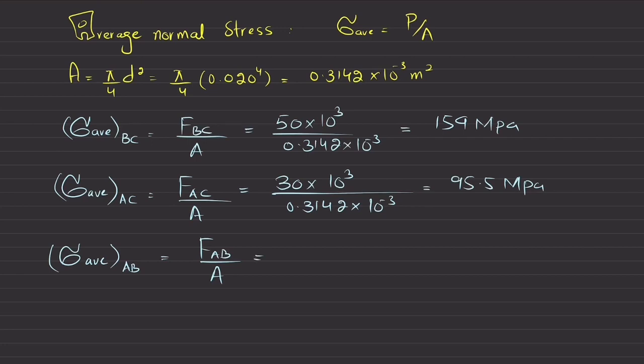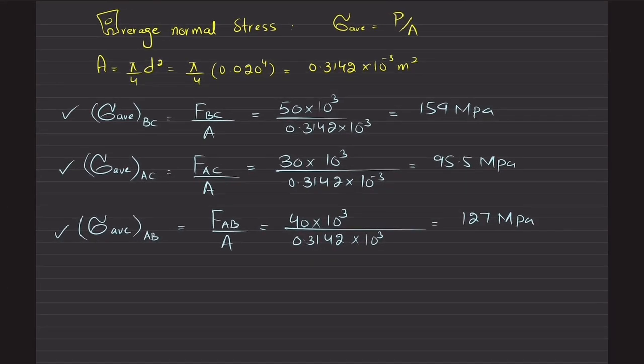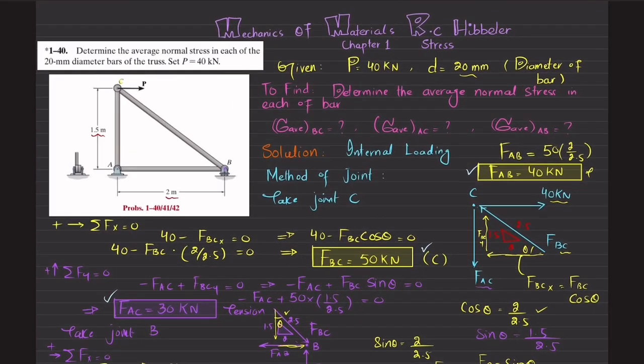If you put the value of AB, which is 40 kilonewtons, so 40 into 10 to the power 3 divided by 0.3142 into 10 to the power minus 3, and that will give you 127 megapascal. So these are the average normal stresses in BC, AC, and AB of the truss members.